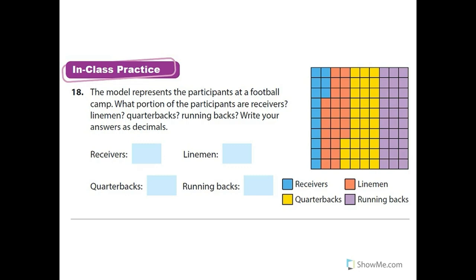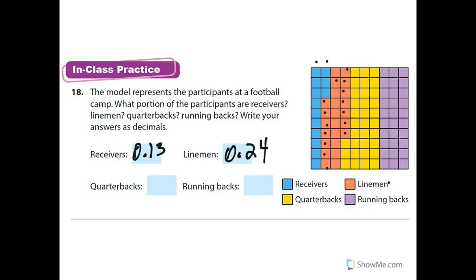Alright, so receivers are blue. We've got 10, 13, so 13 hundredths. And then linemen are red. 10, 11, 12, 13, 14, 15, 16, 17, 18, 19, 20, 21, 22, 23, 24. So that's 24 hundredths.